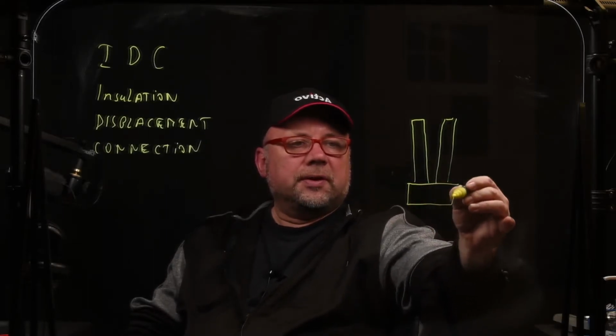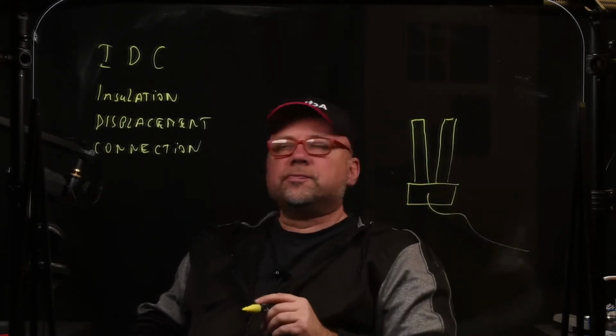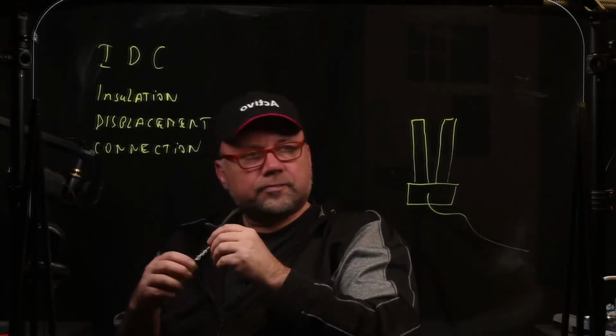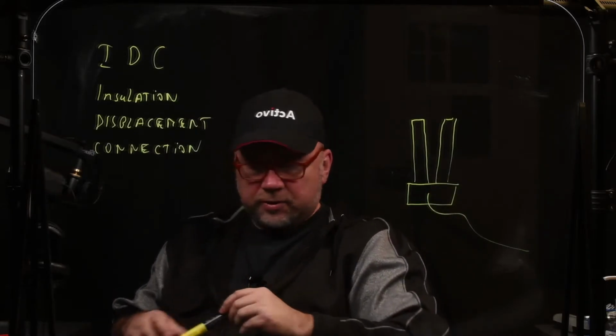Well, let's say this is the connector here in the shape of some sort of V. That's the connector, and it has a base or whatever it is connected to. And here we're going to run a wire. I'm just going to use a different color.